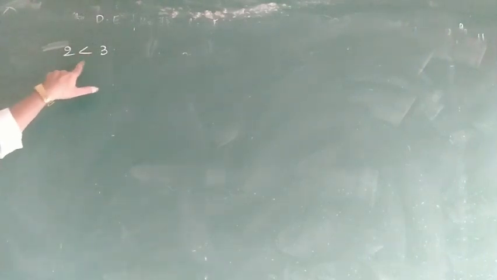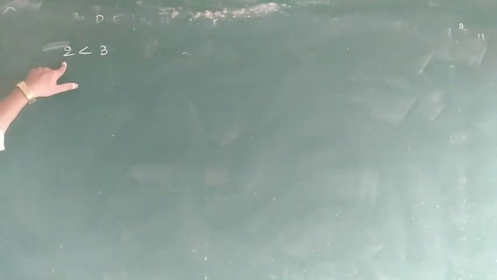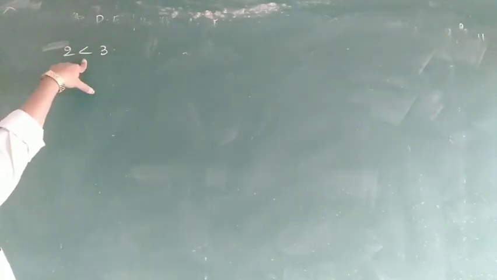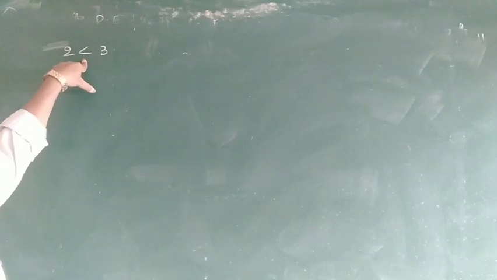What are the rules? For example, take any inequality: 2 less than 3. This is correct, true. What is the first rule? Any equal number, multiply or divide both sides of an inequality, the sign is reversed.